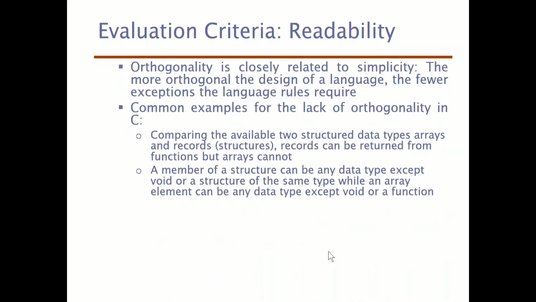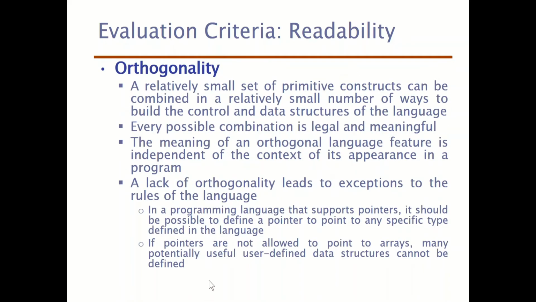Okay, so these are common questions. I may ask such questions on the exam. Let's say I may ask you a question like this: give an example of lack of orthogonality in C, for example. Or I may say something like this: if pointers are not allowed to point to arrays, a simple example like this, what may happen, or how can we judge a language that has pointers functionality, but they are not allowed to point to arrays?